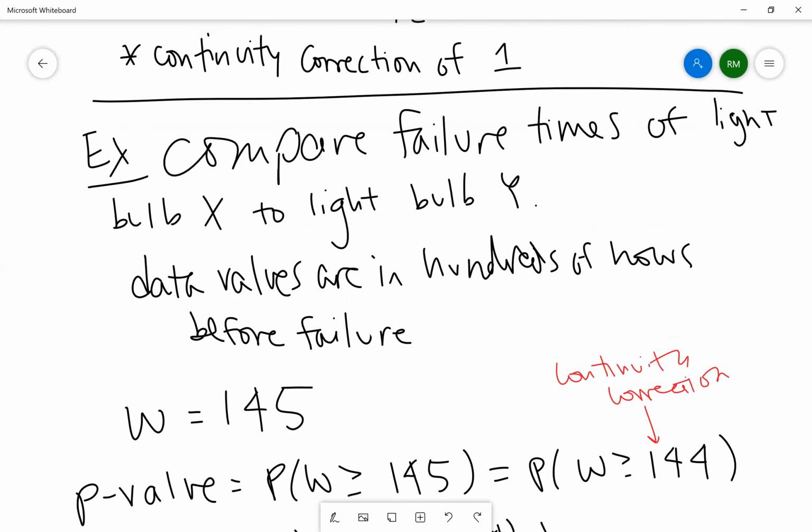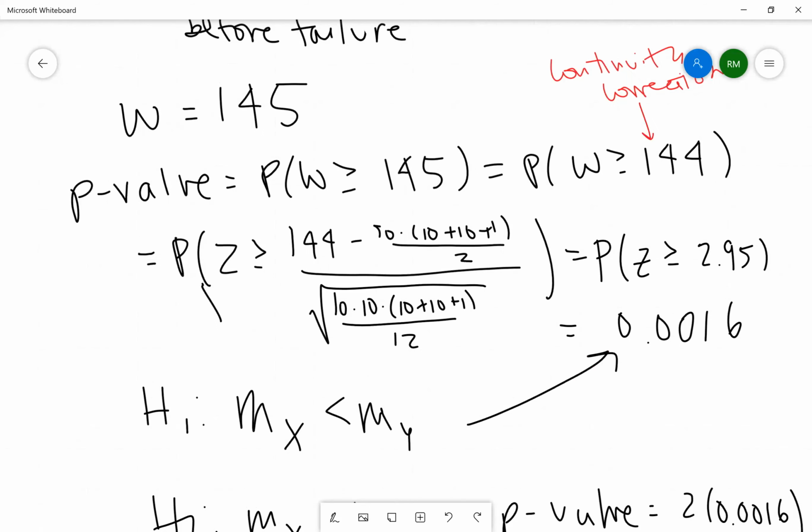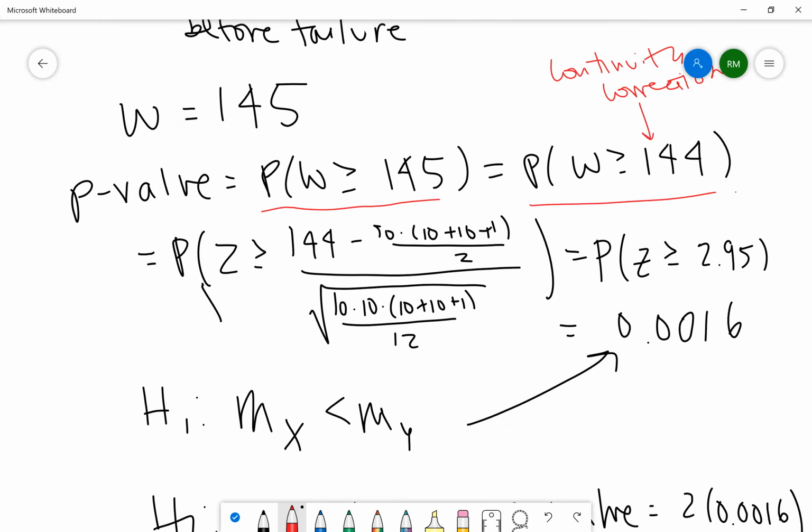W is 145. Therefore, to compute the p-value of our test, we find the probability that W is bigger than 145, and the continuity correction tells us that that's the same as W is bigger than 144. And we compute this z-score.